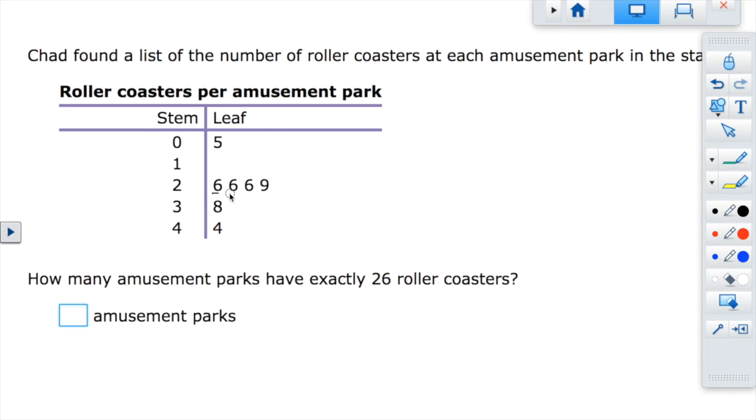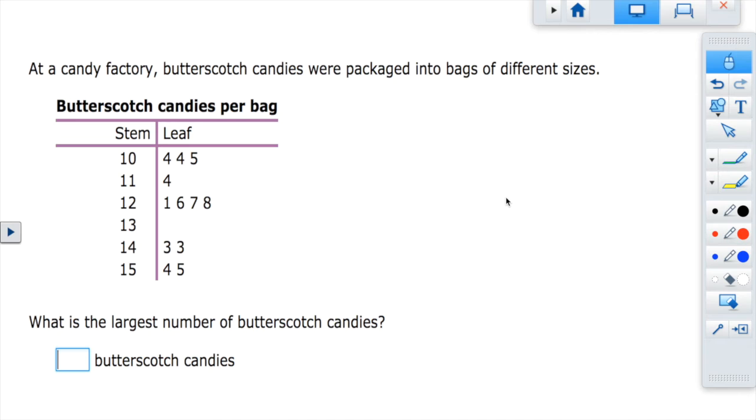Well, we have 26, 26, and 26. So there's 3 amusement parks with exactly 26 roller coasters.